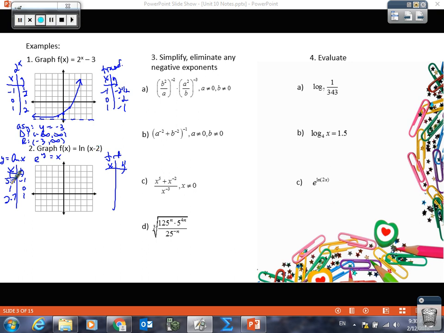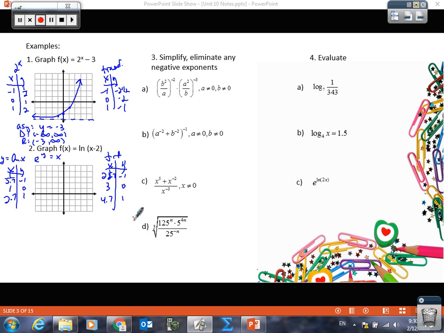That's what the transformation tells me to do. So 2 plus 1 over 2.7 is 2 and 1 over 2.7. 2 plus 1 is 3. 2 plus 2.7 is 4.7, and my y's stay the same.